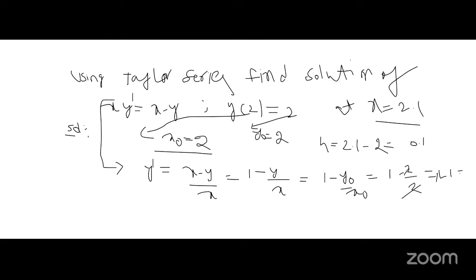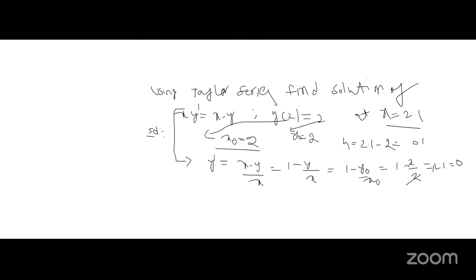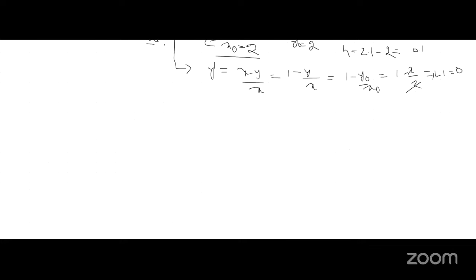This is y dash. Next we need y double dash, so we differentiate this. The derivative of 1 is 0, minus, and you apply the u by v formula: u dash is y dash, so y dash into x minus y into 1, by x square.